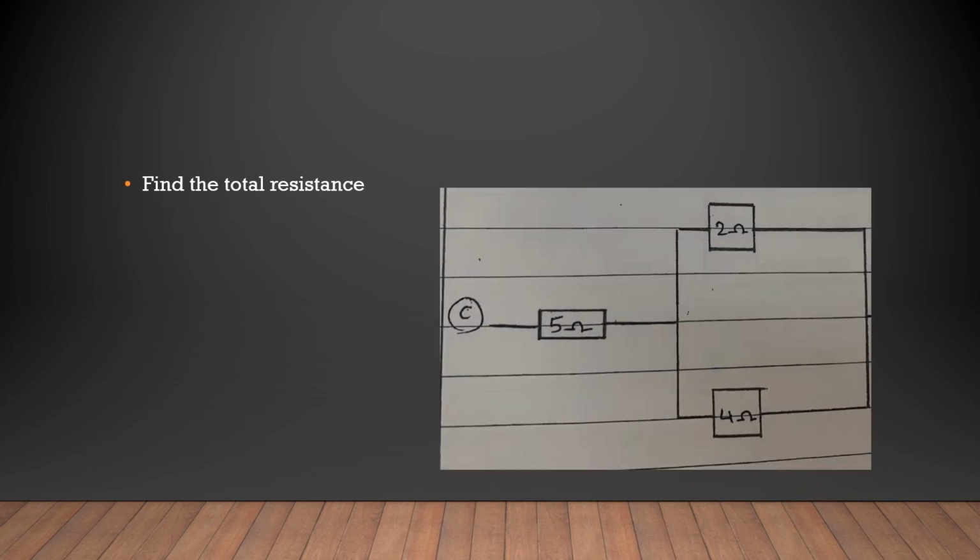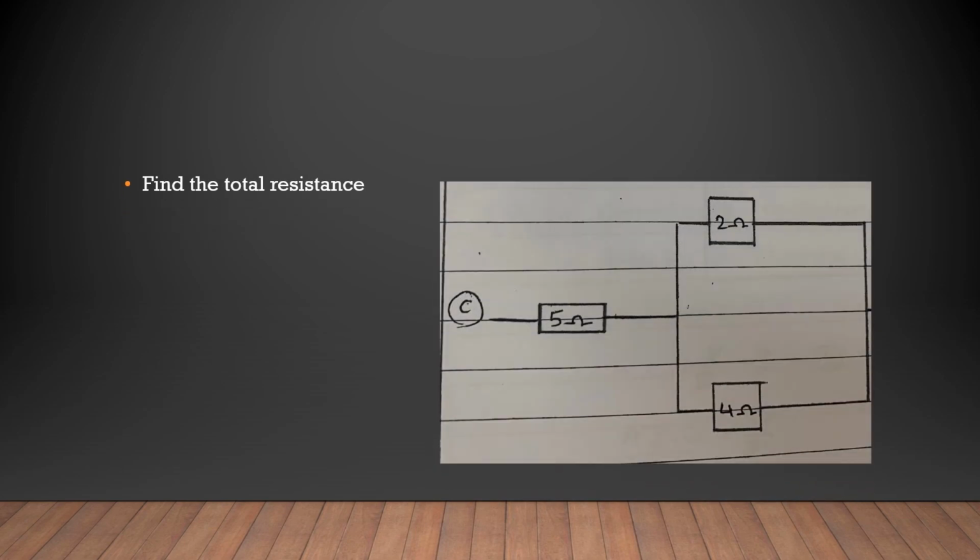Now here, see this connection. How can we find the total resistance? Here this 2 ohm and this 4 ohm are connected in parallel. So you can apply the formula of parallel connection, 1 by R1 plus 1 by R2, meaning 1 by 2 plus 1 by 4. Then what about this 5 ohm resistor?